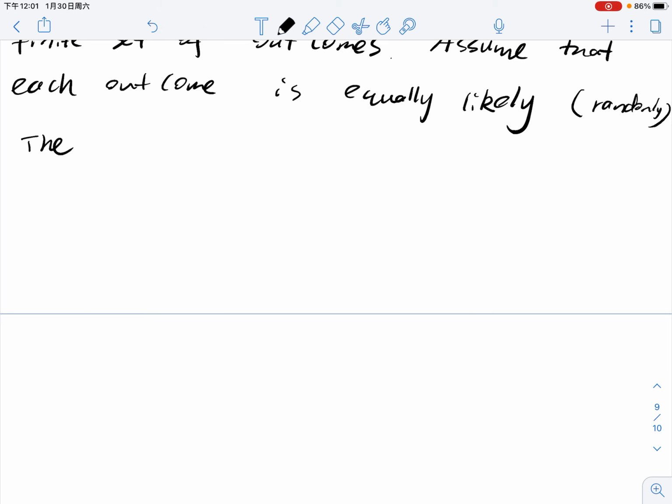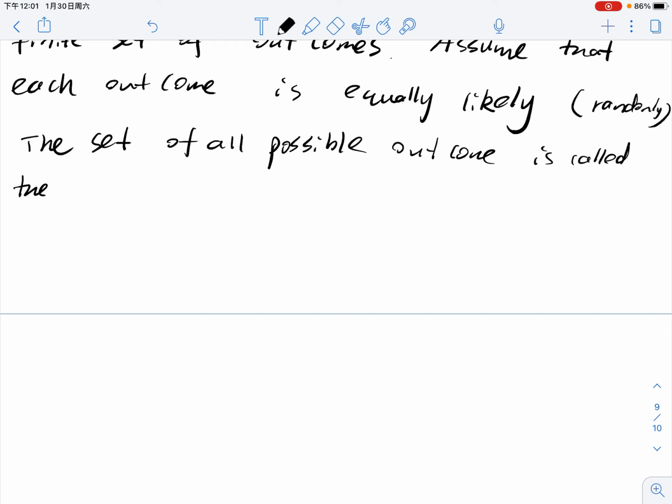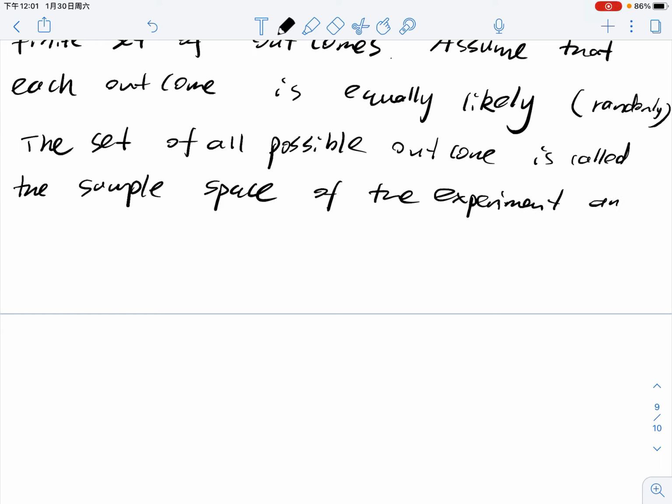And the set of all possible outcomes is called the sample space of the experiment, and is denoted by S.